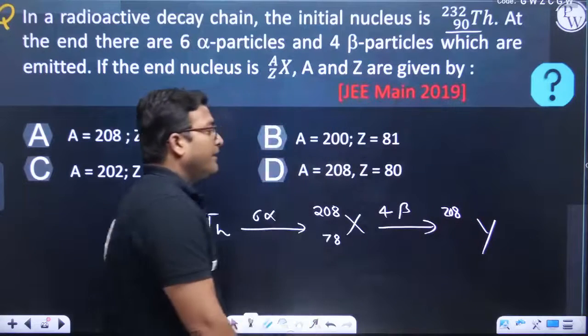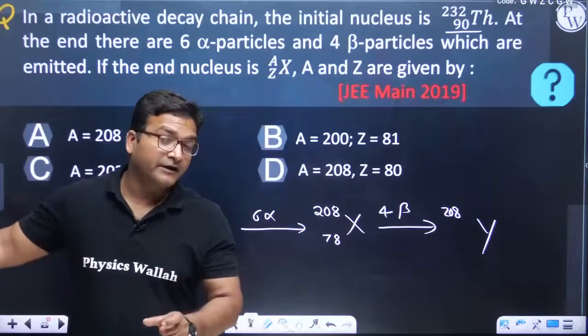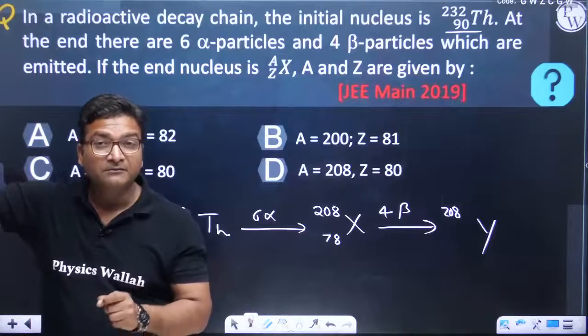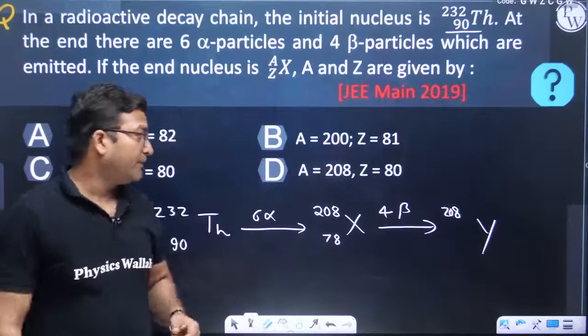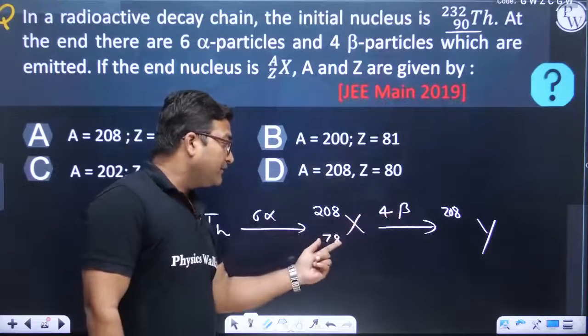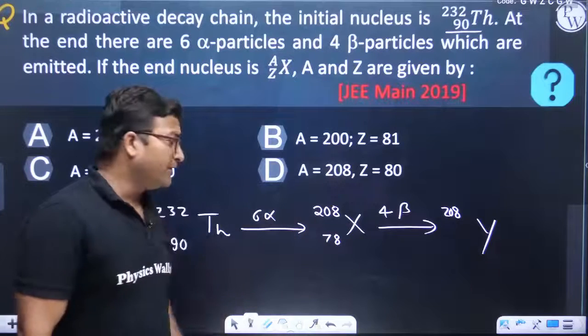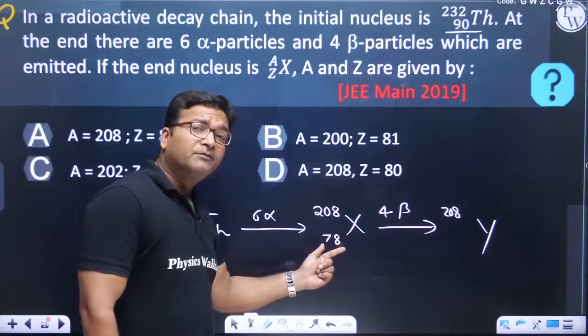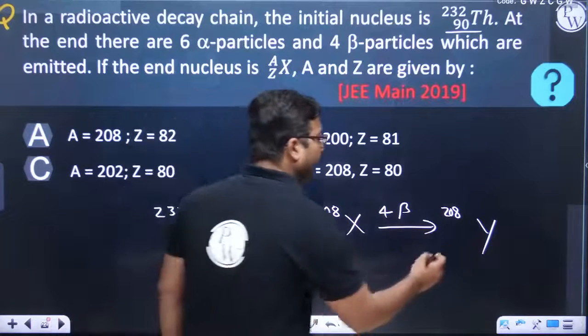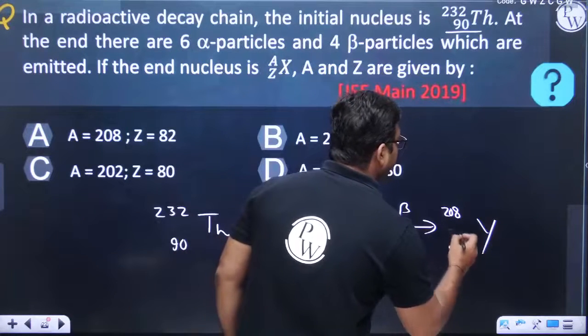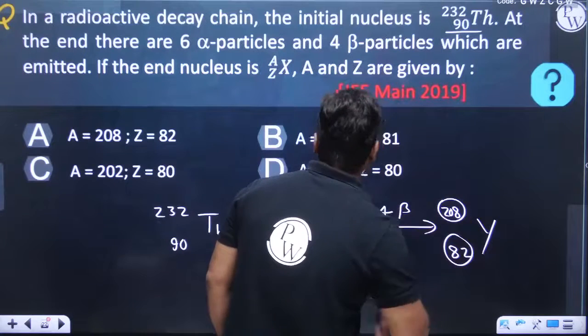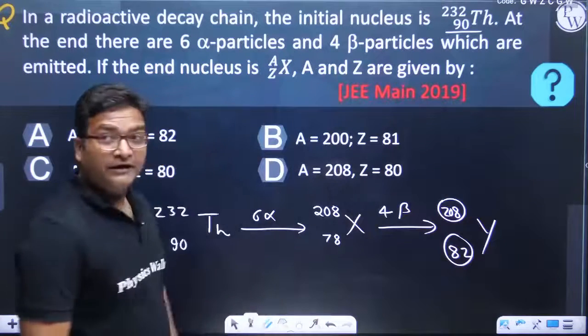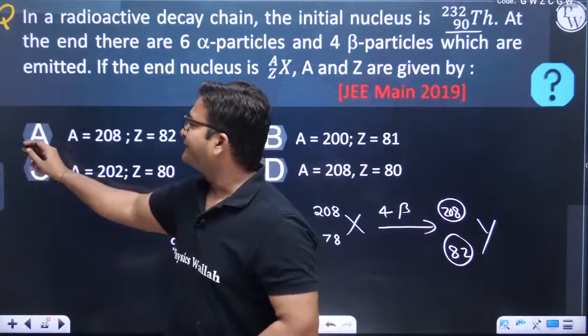But in every beta minus decay, the atomic number increases by 1. So in 4 beta particle decay, the atomic number must increase by 4. So here we must have 82. And if you check these values, you will see the option A is your perfect choice.